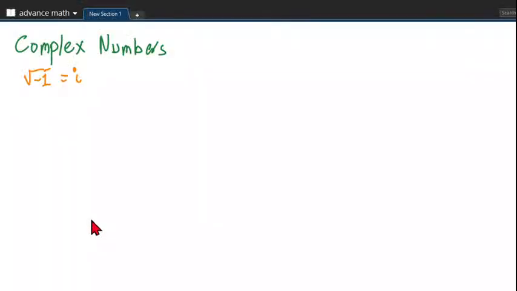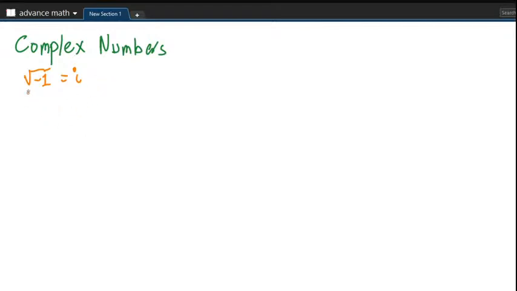So first we will go to the term imaginary number. So we have here the square root of -1. The square root of -1 is equal to i.